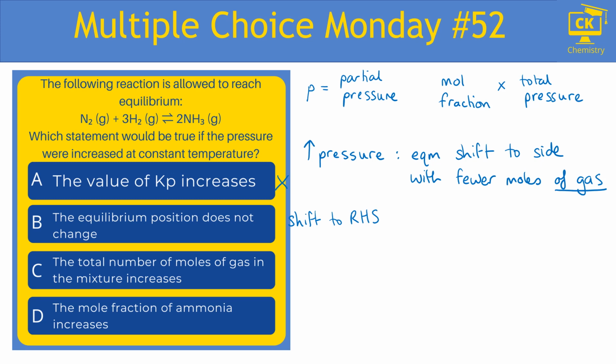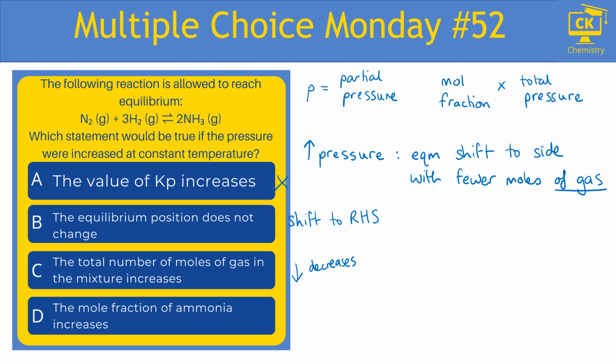So actually no, if we increase the pressure, the total number of moles of gas in the mixture is actually going to decrease. So it's not going to increase. Well, that's really weird, because why would it do that? A lot of the times, some of the ways that we get confused with equilibrium is we sometimes assume that the number of moles has to stay the same, and that's never the choice.